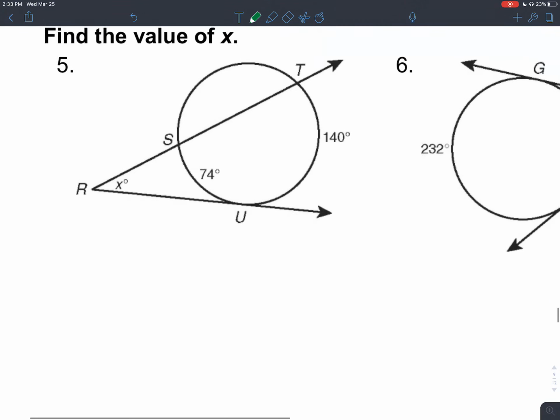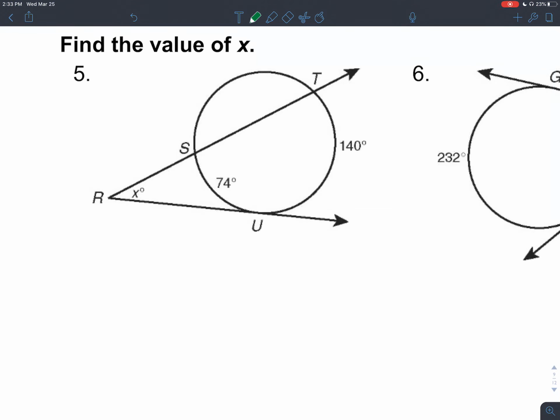So in number 5, this angle, x, is going to be the difference of the two. So this one here, 140 minus 74, and we are going to divide by 2 from there.